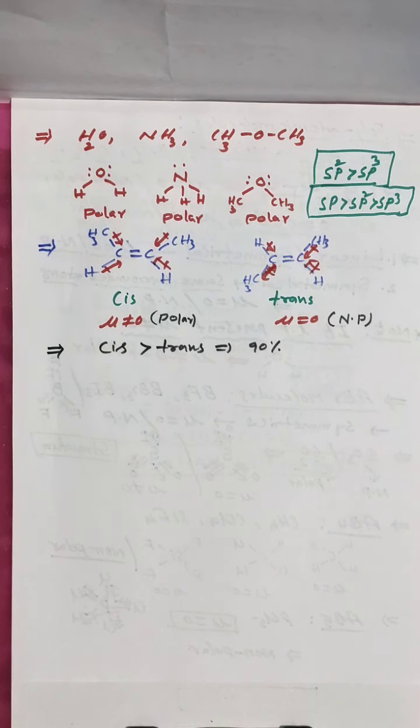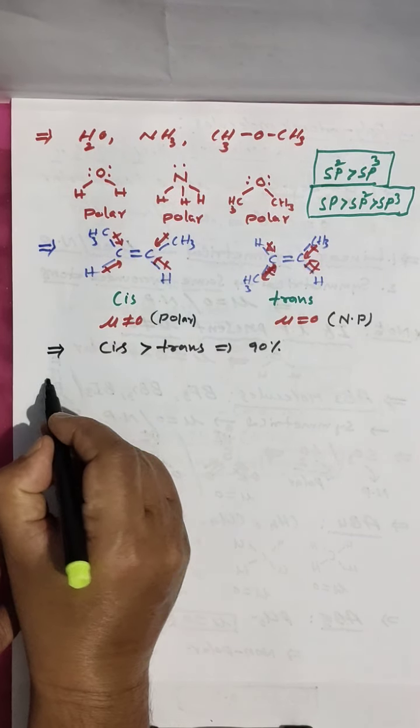Cis is more than trans, means trans has less polarity than cis. That you have to remember. Cis always more. Clear?